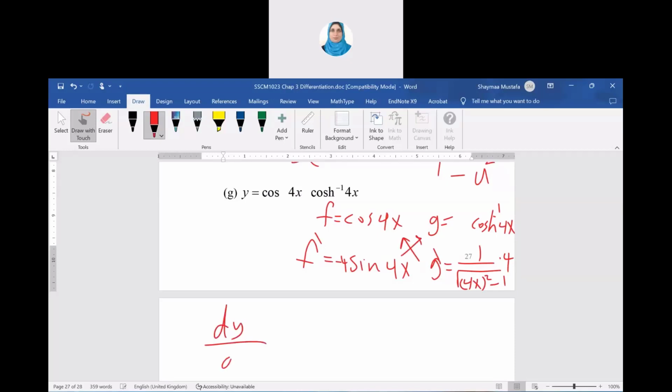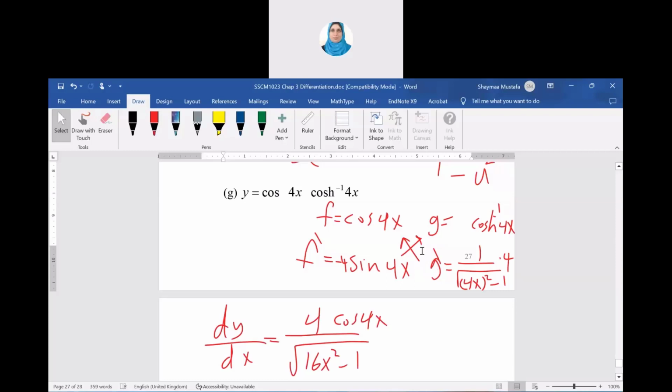So dy over dx is equal to 4 over the square root of 16x squared minus 1 times cos 4x, which is the derivative of g times f.